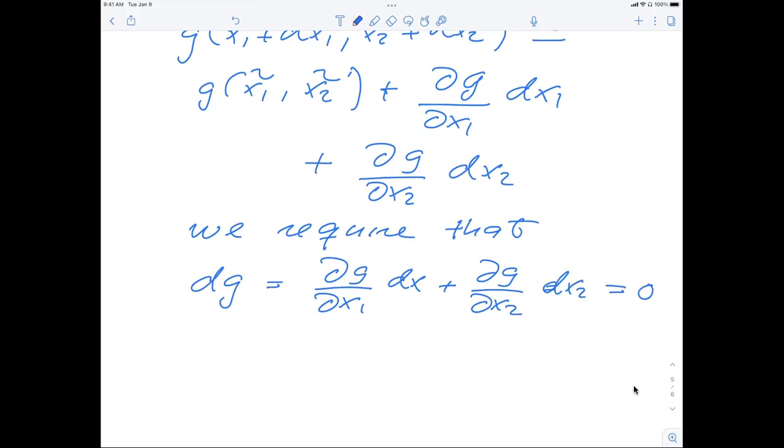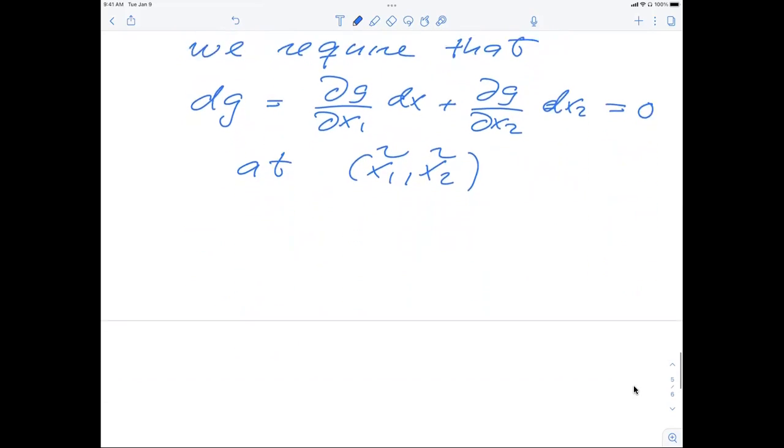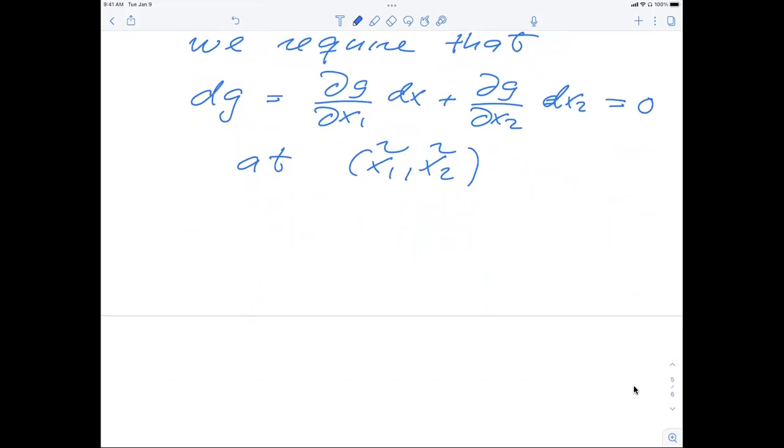It should be equal to 0 at the point where we have optimized the problem, where x1 tilde and x2 tilde are those which give us the solutions. So we're going to make an assumption, and one of the assumptions we make is that this partial derivative of g with respect to x2 is different from 0.